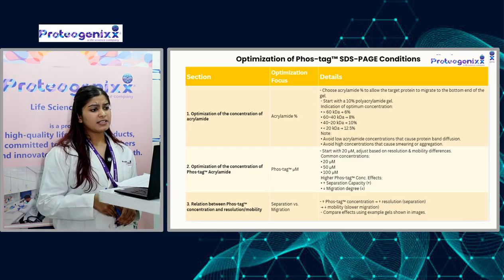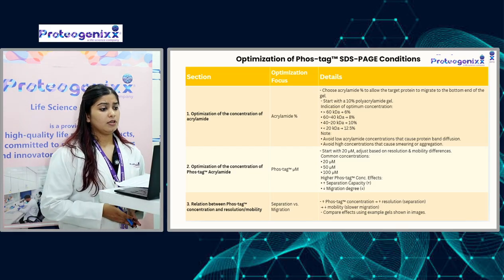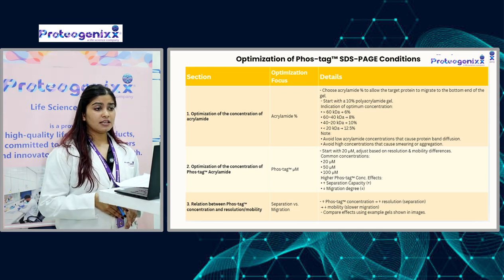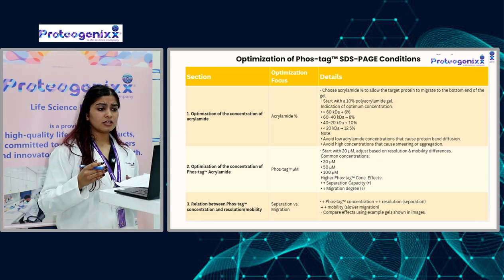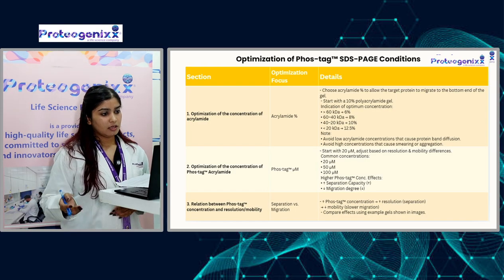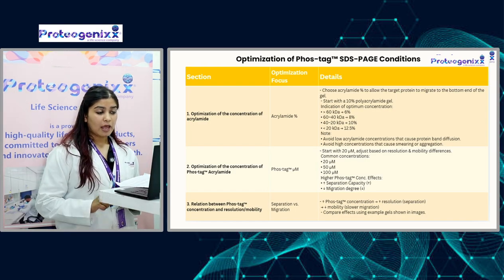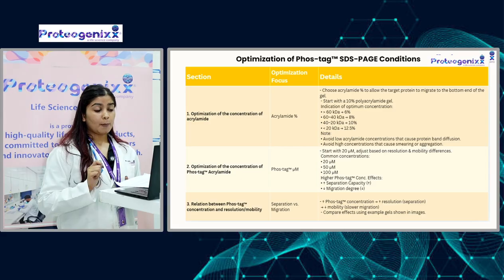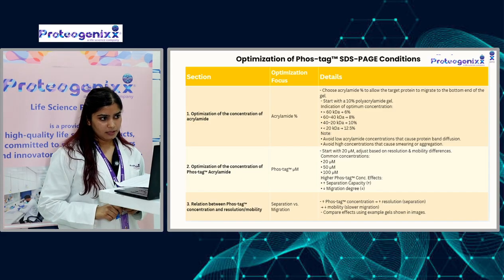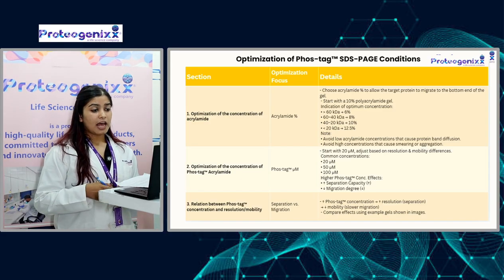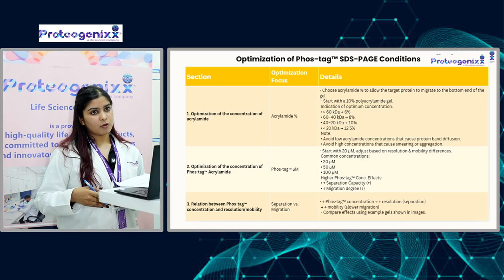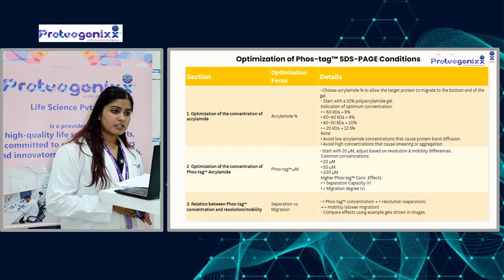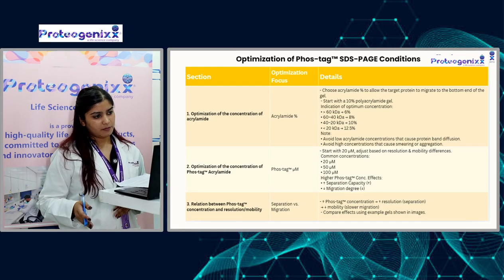Optimization is also very important when you are making the gel, and that is done based on the size of your target protein. When making the gel, we have to optimize the concentration of acrylamide. When your target protein is smaller, we use higher percentages of gel, around 10 to 12.5%.